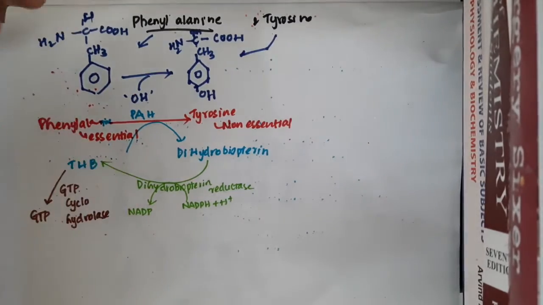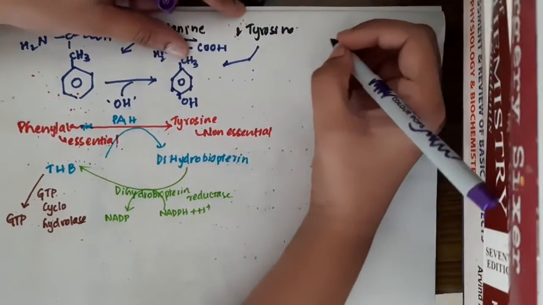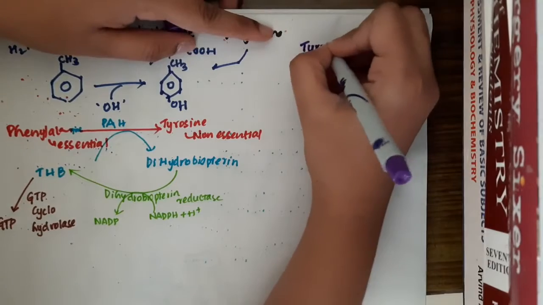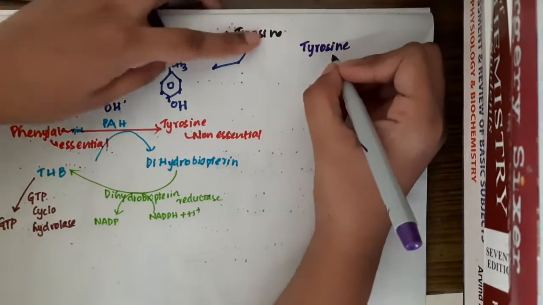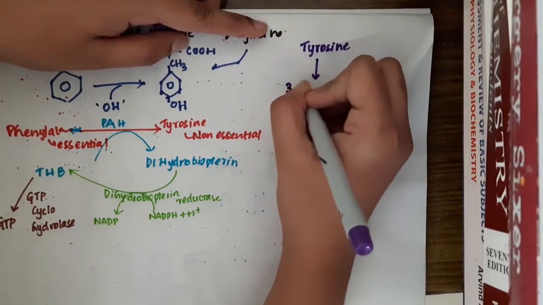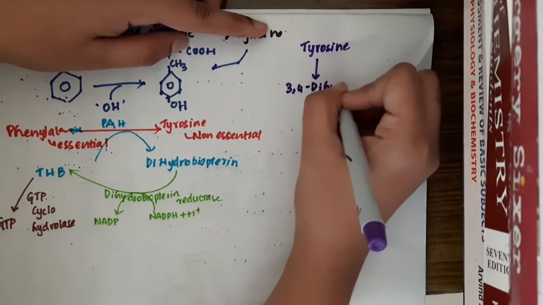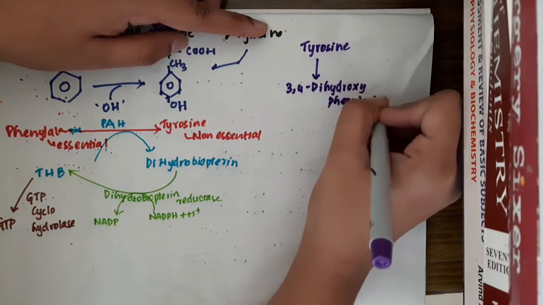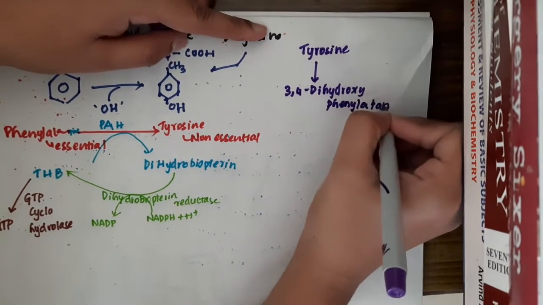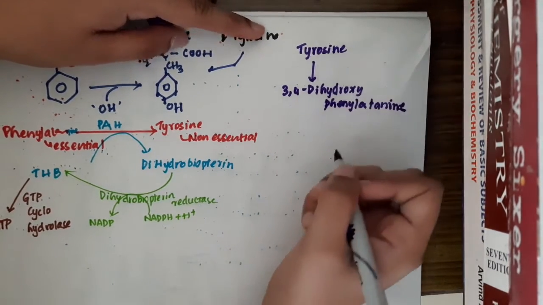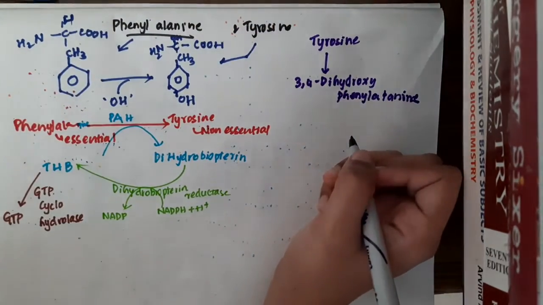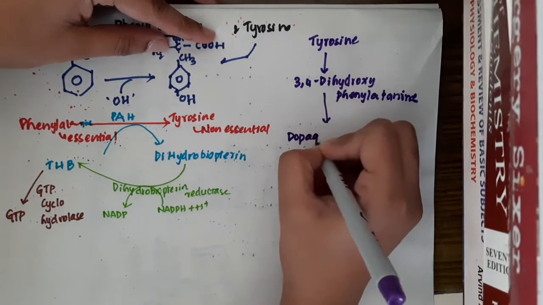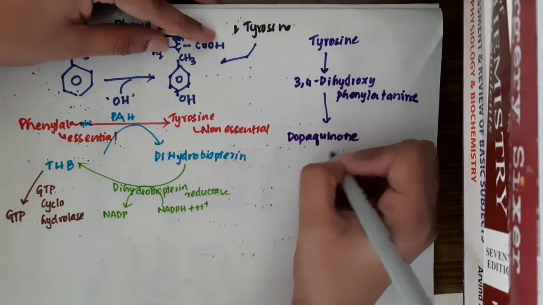Now, once we have seen this, we will see the special products. In the special products, the amino acid tyrosine gets converted to 3,4-dihydroxyphenylalanine in the presence of the enzyme tyrosinase. This dihydroxyphenylalanine gets converted to dopaquinone in the presence of tyrosinase.